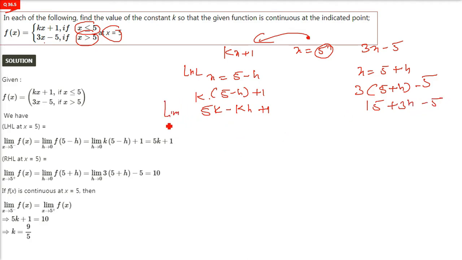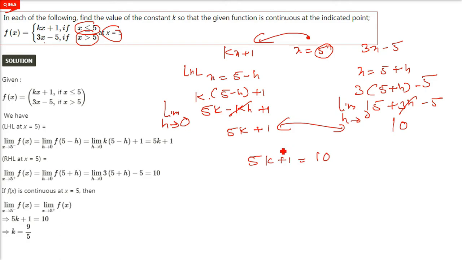Limit h tends to 0 because we have already used x as 5 minus h. Cancel these out, 5k plus 1, here also cancel this out, 15 minus 5 is 10. So left hand limit, right hand limit, you have to equate. 5k plus 1 equals 10, and you get 1 here. So 5k is equal to 10 minus 1, that is 9. k is equal to 9 by 5. This is your answer.